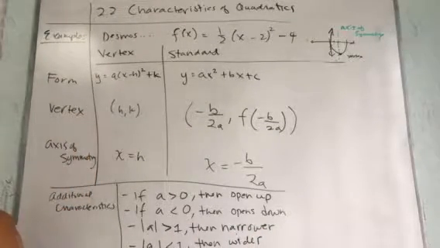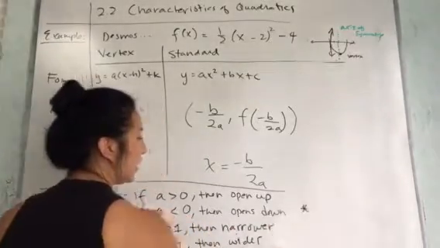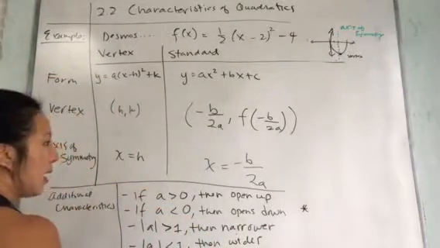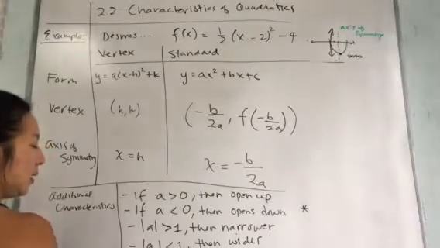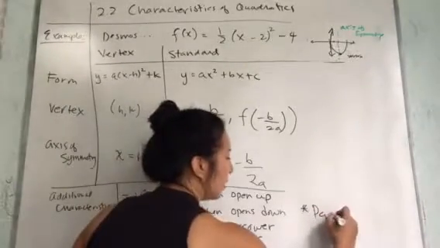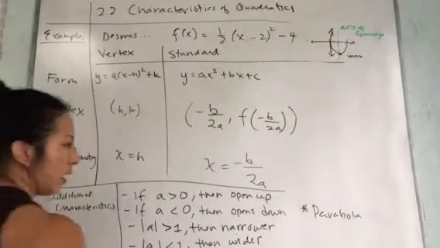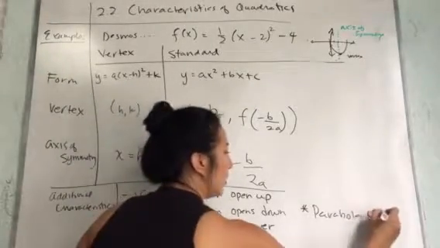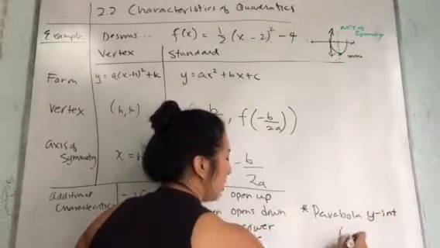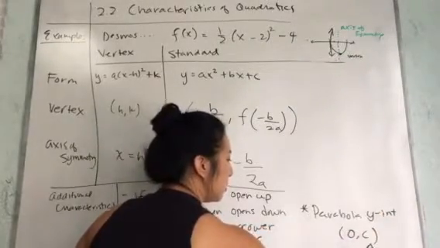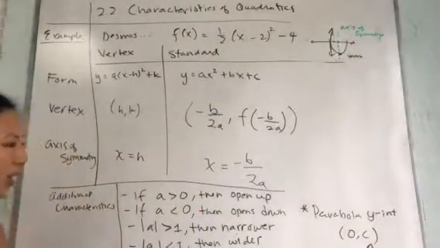All right. And then finally, something totally off to the side, and the book defines it, so I want to keep it consistent this way: if a parabola intersects the y-axis, the y-intercept, they call it (0, C). So if you see the letter C, they're talking about the y-intercept.